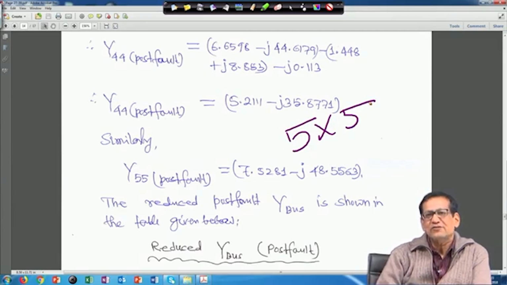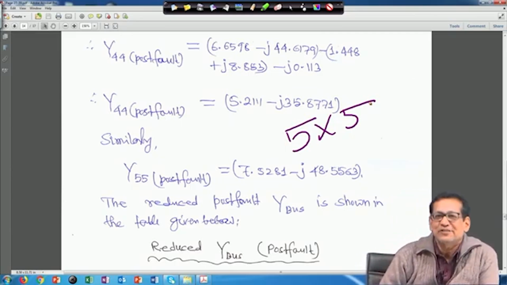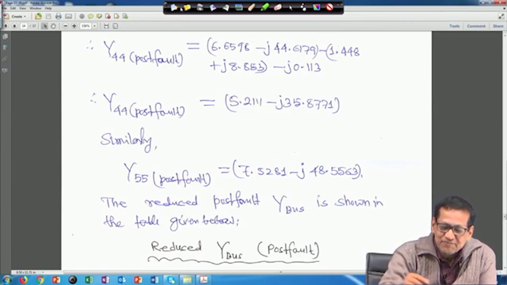All these things are not shown because it is a little bit lengthy, right. I have only shown the reduced Y bus for the 3 into 3 one. It is 5 into 5, then you make it YNN 3 into 3, YNR 3 into 2, then 2 into 3, and that was YRR, it is 2 into 2, right. So, accordingly you just calculate and you will get this one, right.